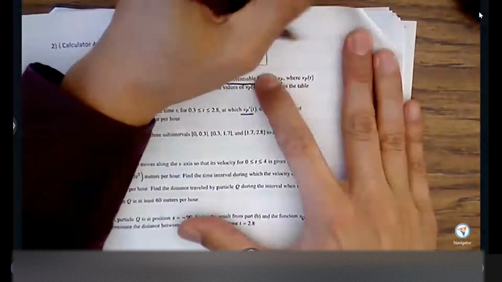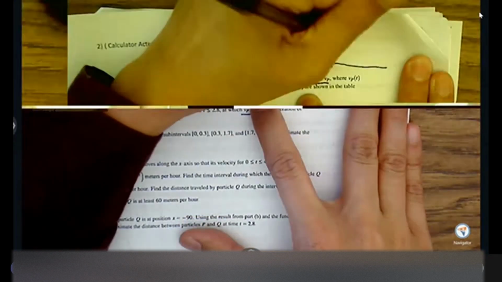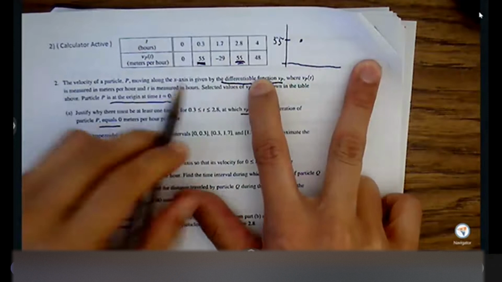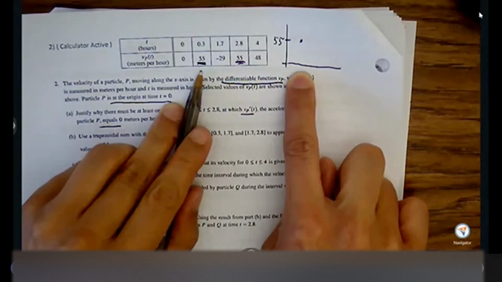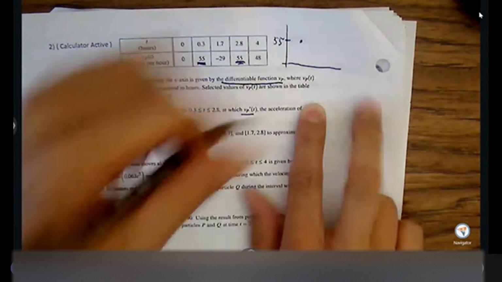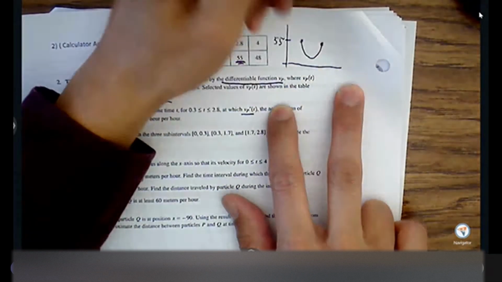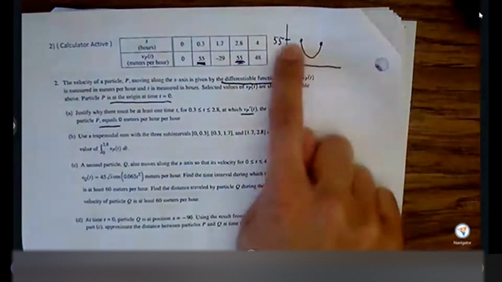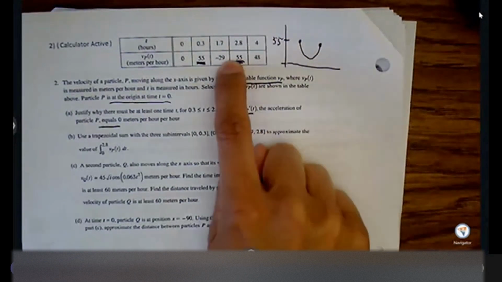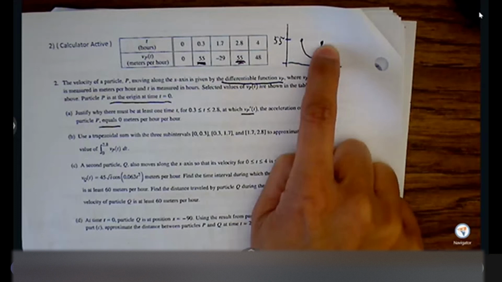So as a visual reminder here, if I were to connect all these ordered pairs, at 0.3, velocity is at 55, it's going to drop down to a negative value, but it's going to have to come back up. And if it comes back up, back to 55, we may not know exactly how low it goes, but we do know that however low it goes, it's going to come back up.